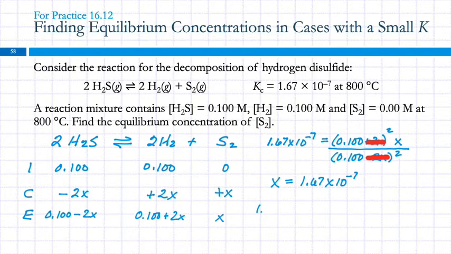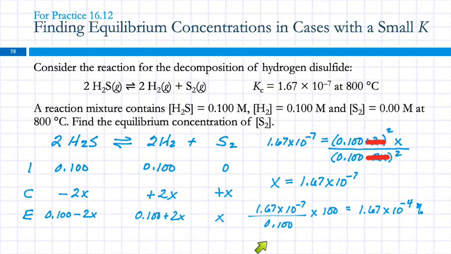So 1.67 times 10 to the minus 7 divided by what I subtracted it from, times 100. And I think this ends up being 1.67 times 10 to the minus 4. Wait, when you look at 0.10, I thought you canceled out.